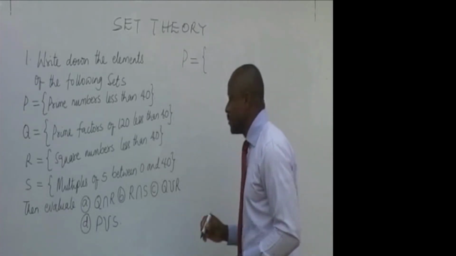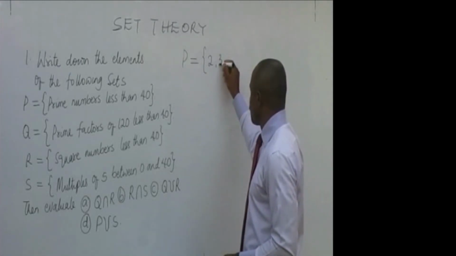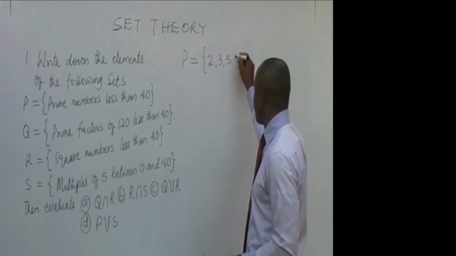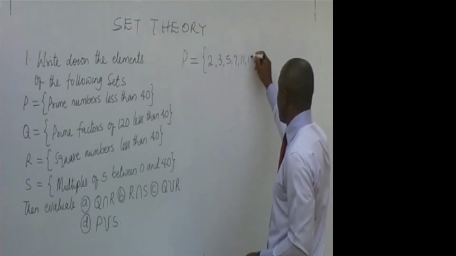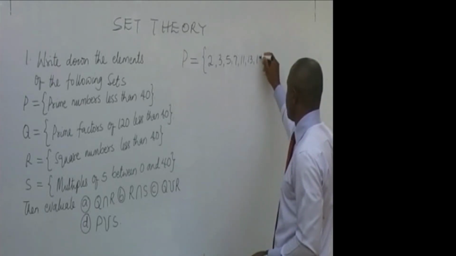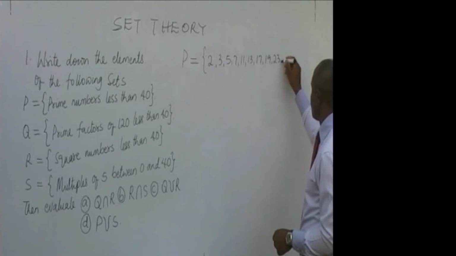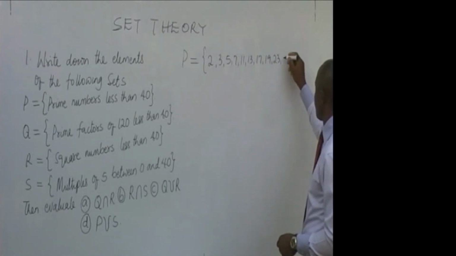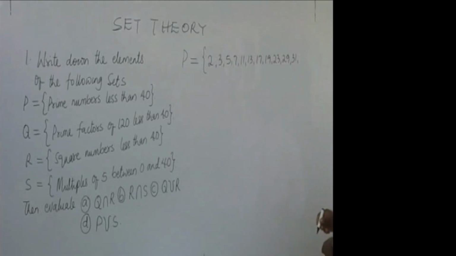So the prime numbers now are 2 is one of it, 3 is one of it, 5 is one of it, 7 is one of it, 11, 13, 17, 19, 23, 29, 31, 37.